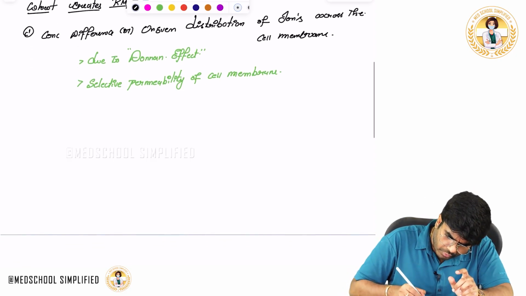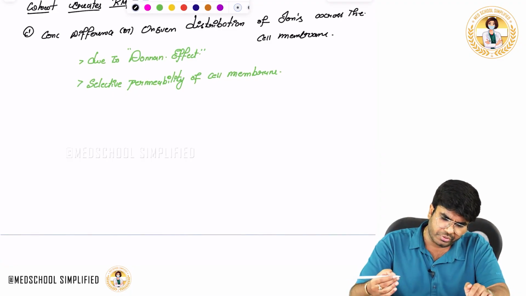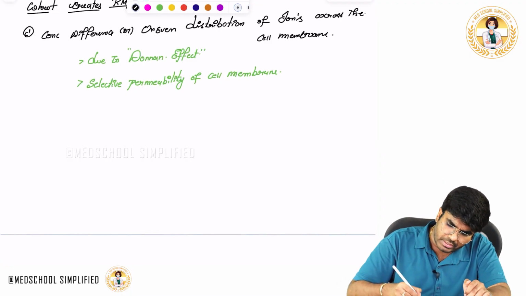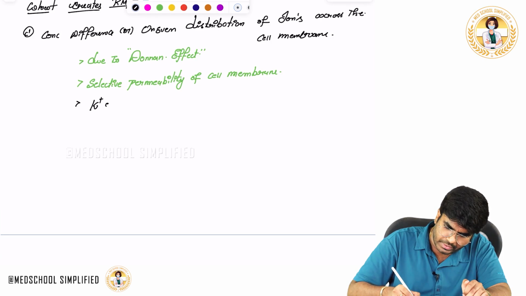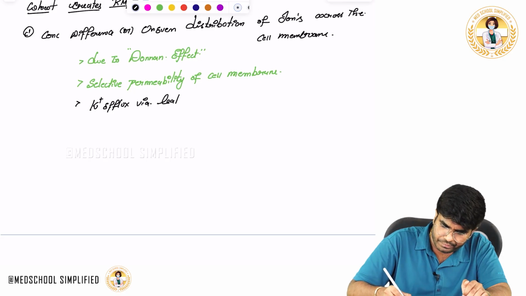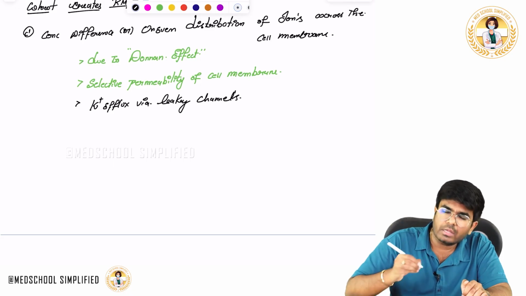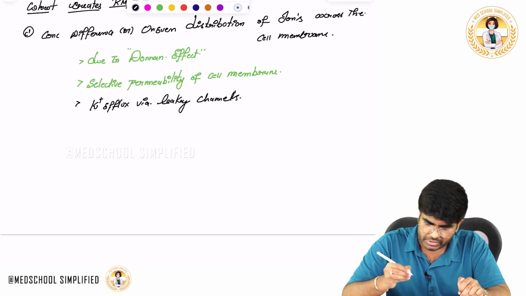One more thing is that this unequal distribution is also due to leaky channels, especially potassium efflux via leaky channels. It also accounts for the development of the resting membrane potential.